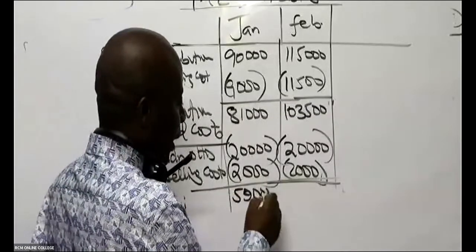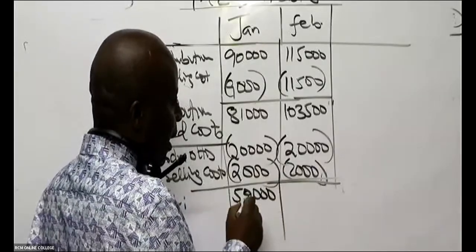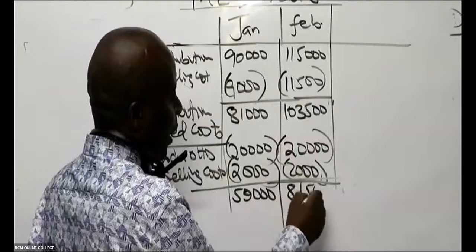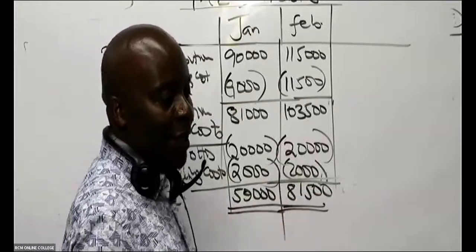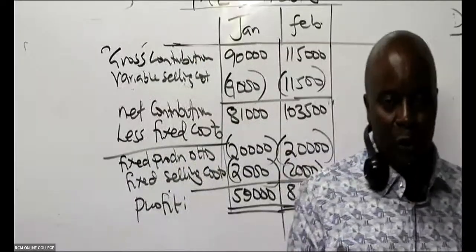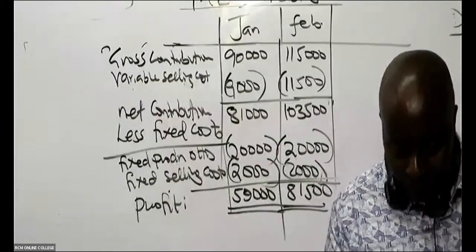So this is 59,000. How about the second one? 81,500. That is the end of that marginal costing P&L statement.